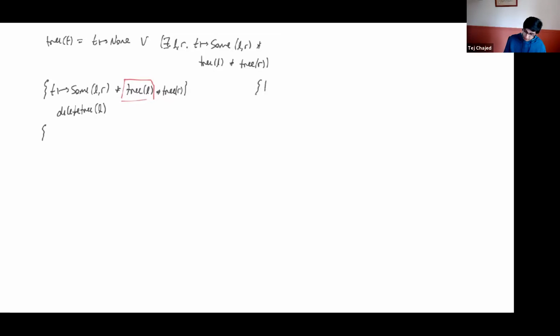The overall specification we're proving is that if we have a tree at T, then deleting T results in emp. This is just a memory safety proof. All it says is delete tree is not going to try to free things that are already free, and it's not going to touch any memory outside of this tree. That's what this specification in SL means.